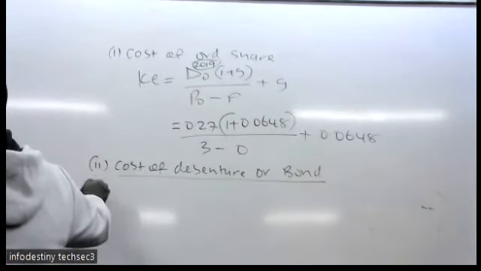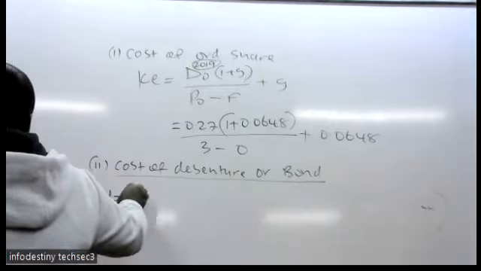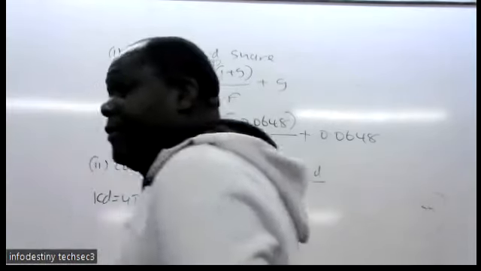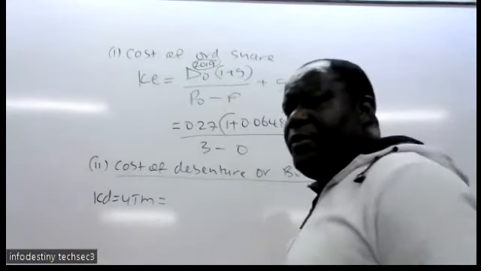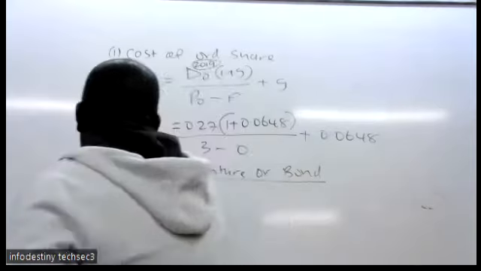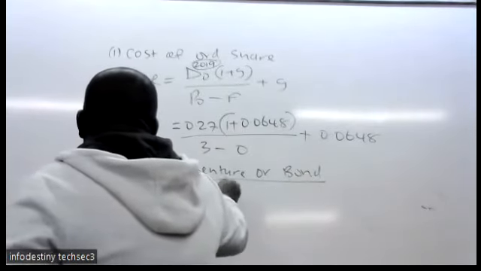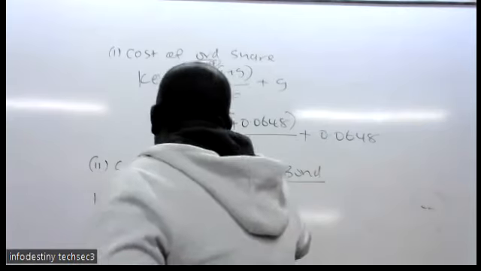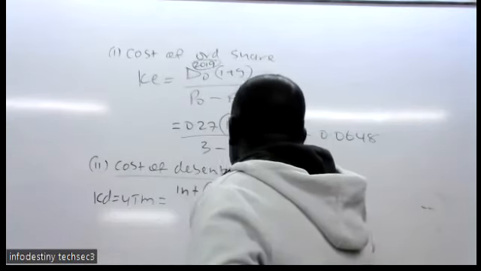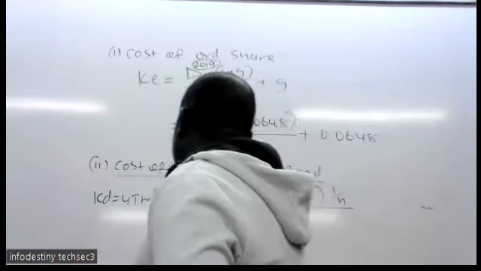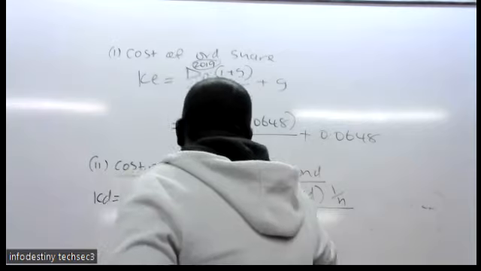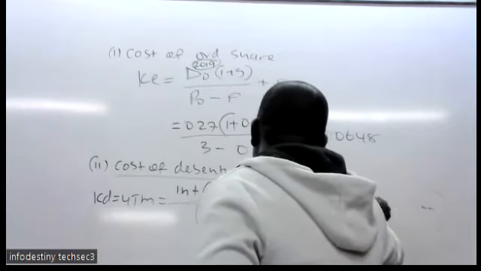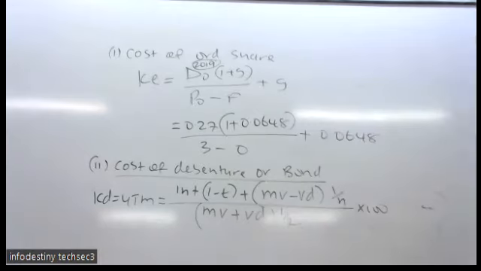So KD, because it is redeemable, is the same as the yield to maturity, which will be interest, times 1 minus tax, plus maturity value minus the current value, and then we express it as a percentage.